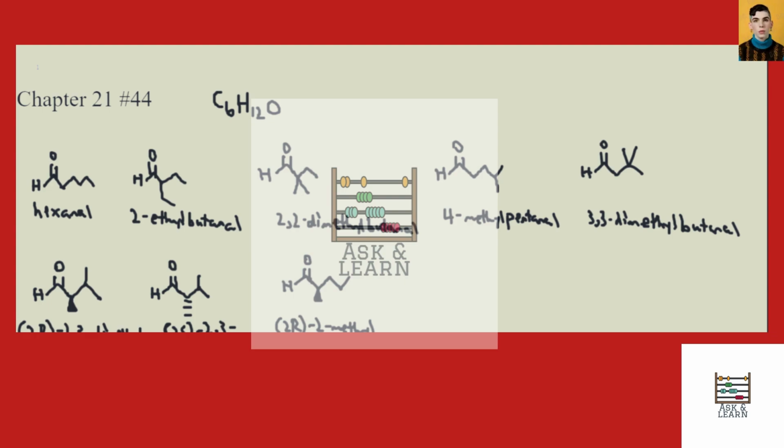And then, of course, its opposite will just have the dashed methyl group there, and will be 2S-2-methyl pentanal.